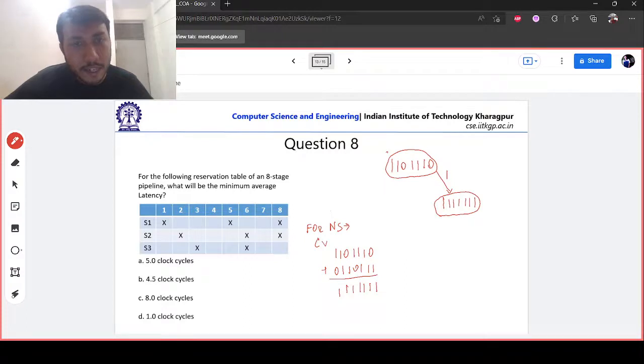Now for this state, you see all of them are non-permissible latencies. So the only latency that is available to us is 8. If we take the CV 1, 1, 0, 1, 1, 1, 0 and for latency 8 all of it has been shifted out to the left, so it will be all zeros.